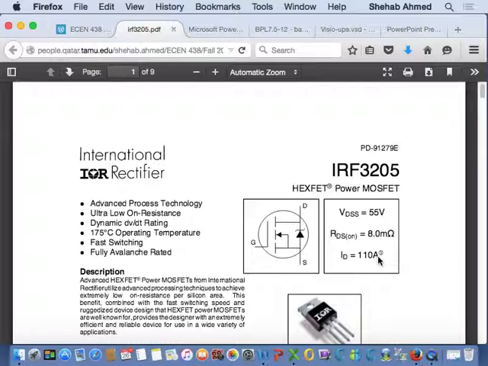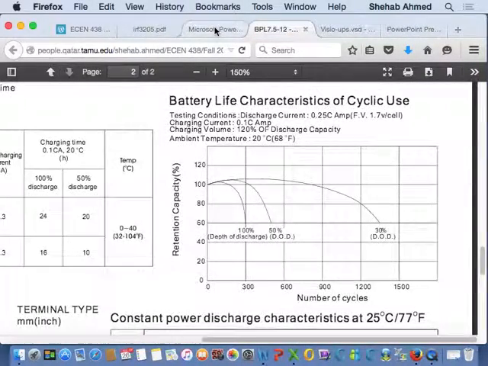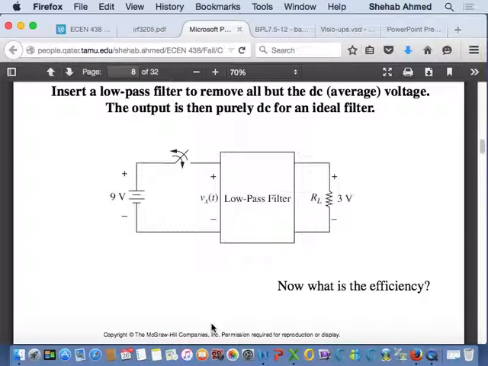I squared times R. So I squared is 1 amp, so 1 times 8 milliohms. So it's 8 milliwatts versus 6 watts. Right? You see the difference? So even if I include the effect of the power loss, it's not very significant. You see the benefit? I squared R here versus V times I here, when I'm intentionally dropping 6 volts across this thing, for example.